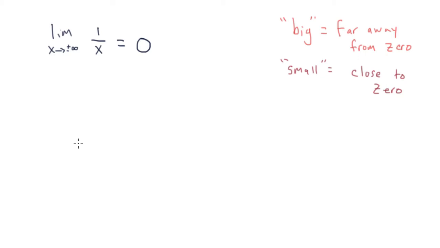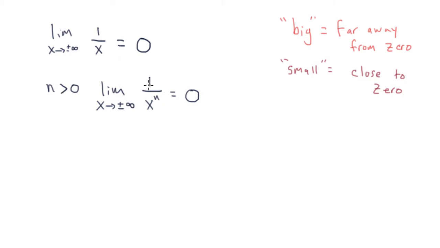And we can actually generalize this a little bit. So if n is bigger than 0, and here n can be any real number, then this is still going to be true if we replace x with some power of x to the n. So 1 over x to the n is also going to be 0, because if I take a big number and raise it to a positive power, I'm still going to have a big number.